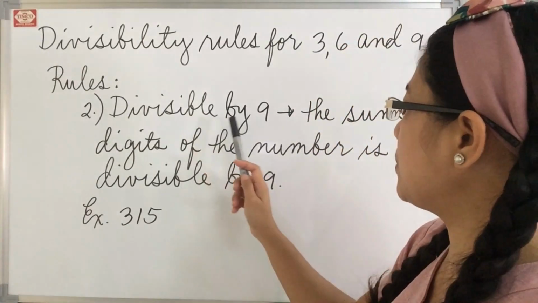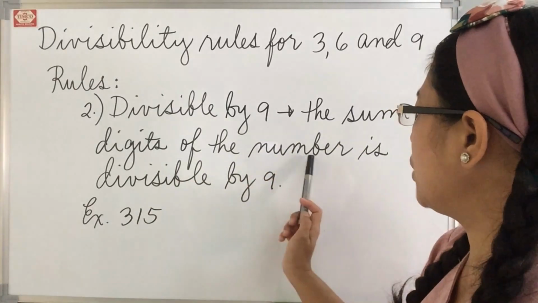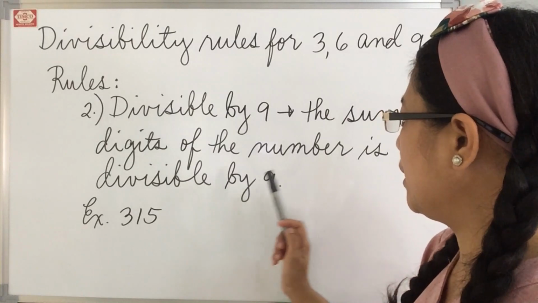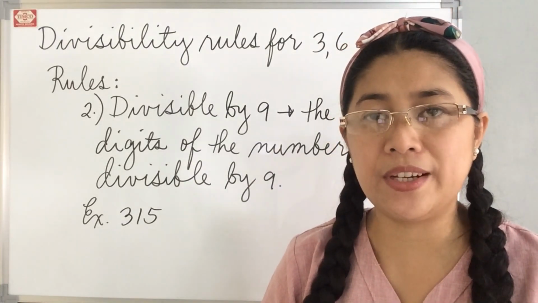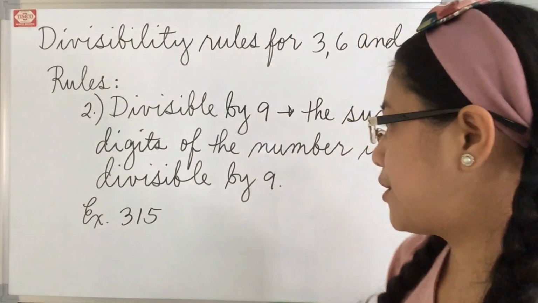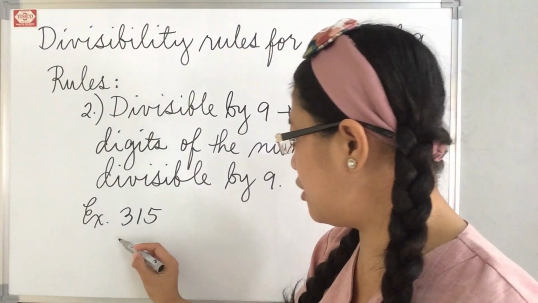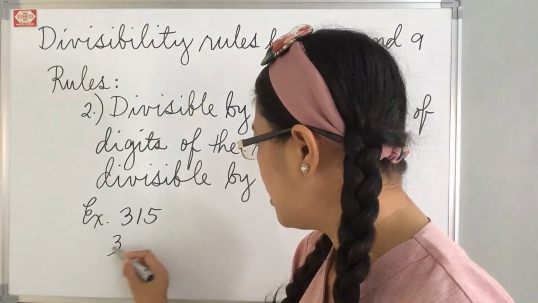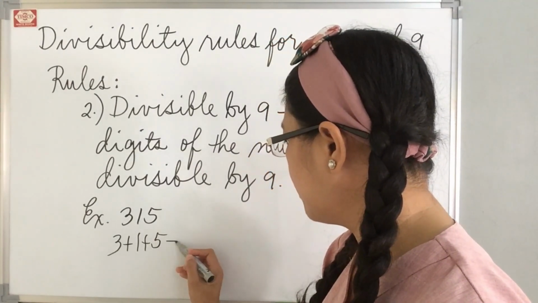And the last rule is for number 9. A number is divisible by 9 if the sum of the digits of the number is divisible by 9. So, it's like the rule for number 3. We're just going to add the digits. So, we have here 315. So, let's add the digits. We have 3 plus 1 plus 5.